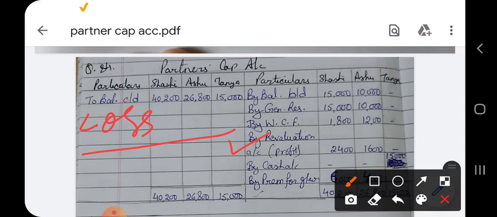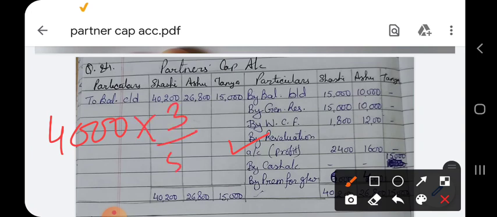Here no loss is given, profit on revaluation is given, so we write it on the credit side, by revaluation account profit. The profit is 4,000, so 4,000 into 3/5 will come 2,400 for Shashi and 1,600 for Ashu.